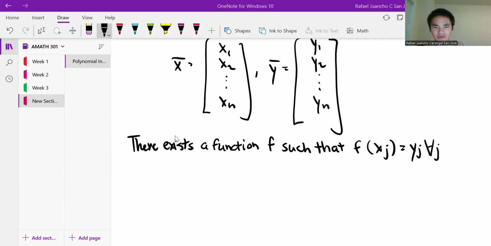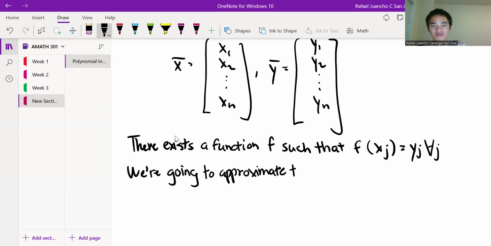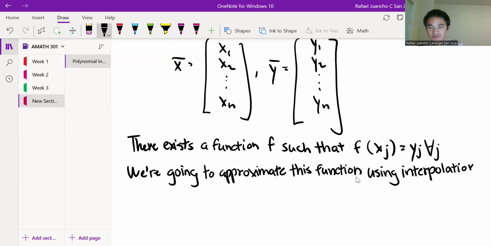Let me just give the instructions. So we're going to approximate this function, right? We're going to use interpolation. Now I'll get to how exactly interpolation works in a bit.